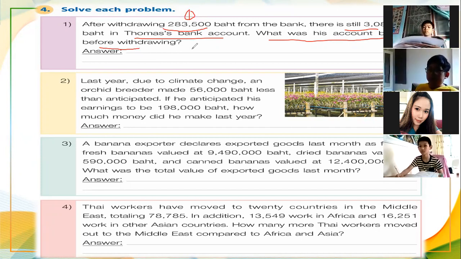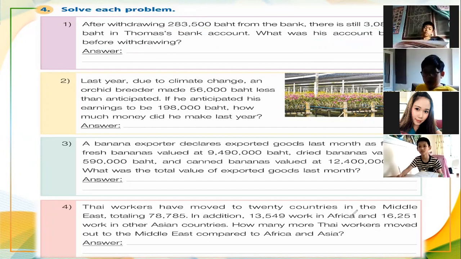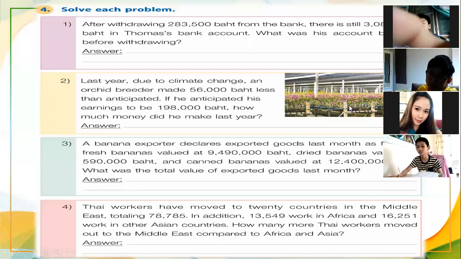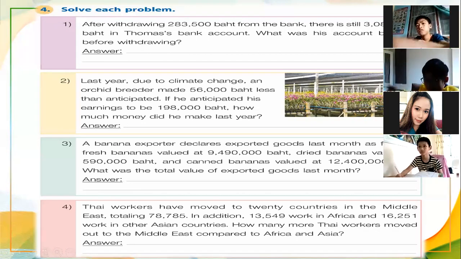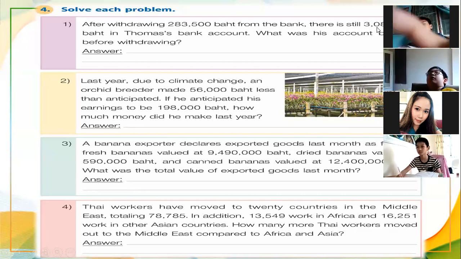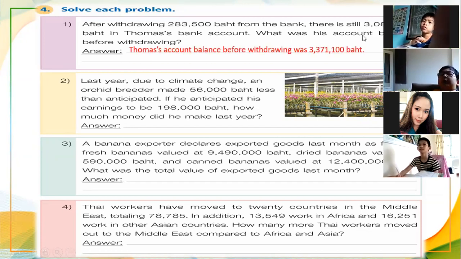What are we going to do, students, addition or subtraction? Addition. They are asking before withdrawing. This is the amount withdrawn, and this is the amount after withdrawing. So we have to perform addition of the withdrawn amount and the after-withdrawal amount.